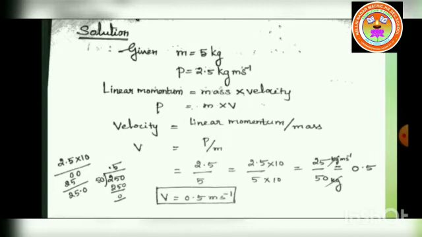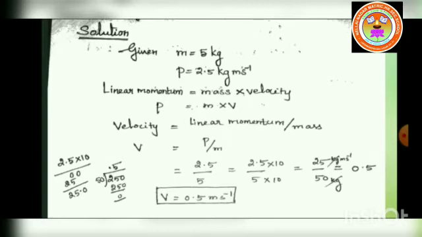So what is the linear momentum value? 2.5, and mass value 5. We should remove the decimal by multiplying numerator and denominator by 10. So 2.5 into 10 is equal to 25, and 5 into 10 is 50. So 25 divided by 50.